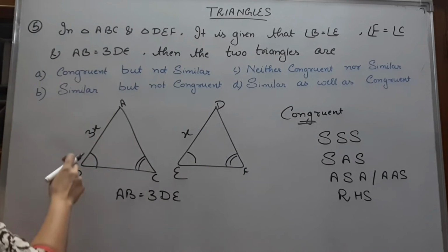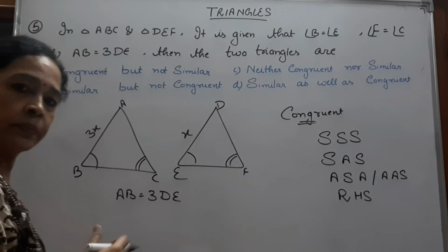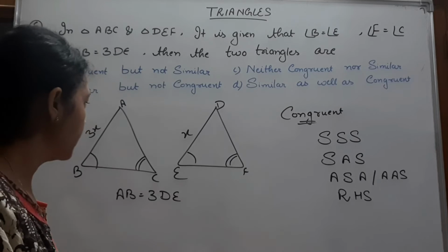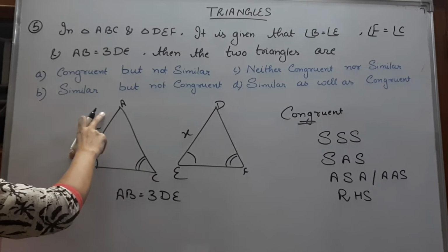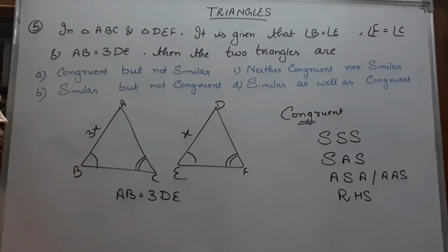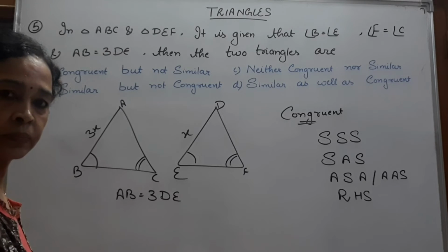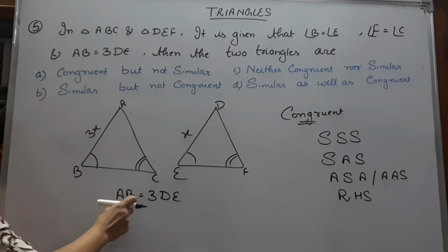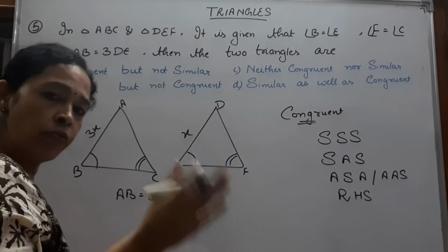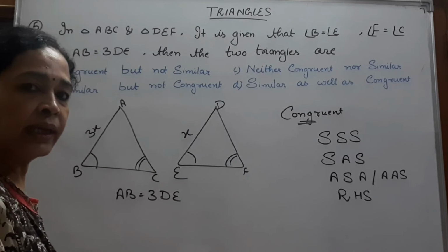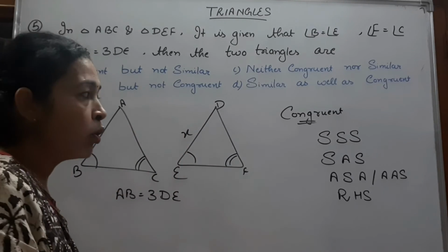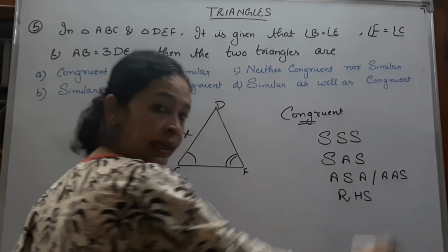Now what is given in this? Two angles are equal. Clear? About side, AB is 3 times DE. If AB equals DE, if we are given that AB equals DE, then the triangles can be congruent by AAS.